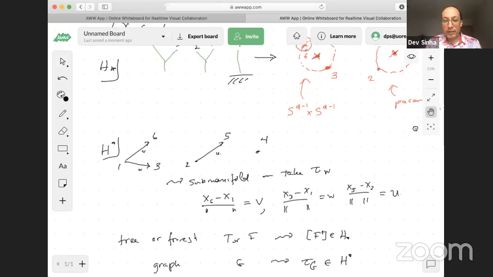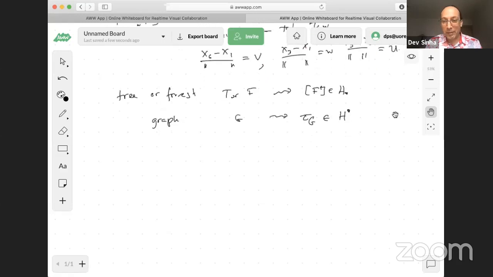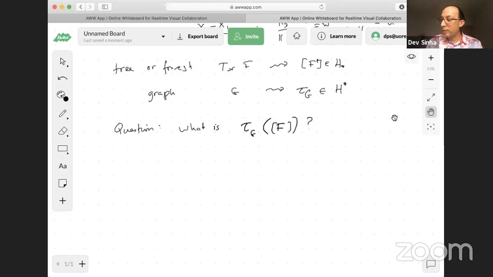And here's the fun exercise, so to speak, but I think I'll spoil a little bit of the fun because it brings me to a point that I was making before. So, question: what is the value of this cohomology class on this homology class?